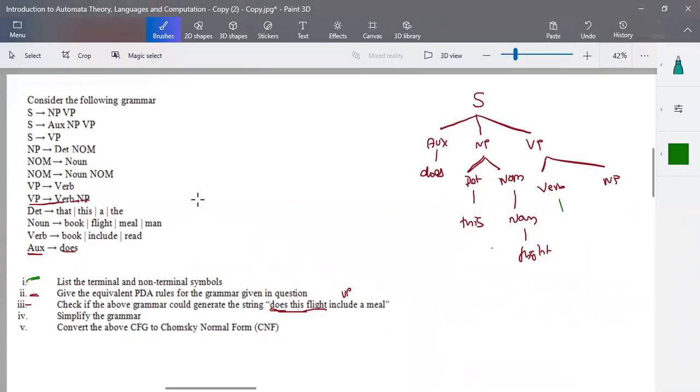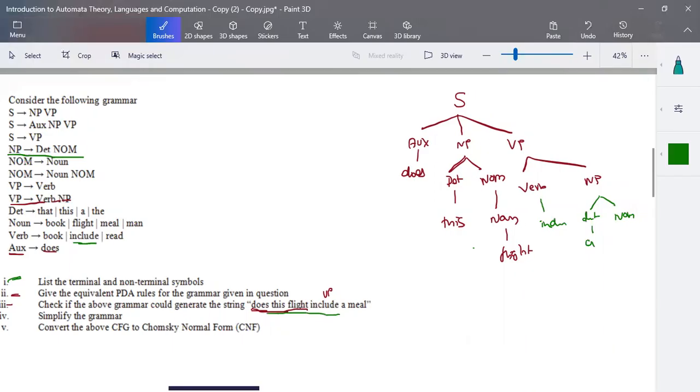For this Verb, we can give 'include', and so 'does this flight include' is derived. I just want 'a meal'. A is in Det and meal is in Noun. So I can expand this NP as Det and Norm, and this Det can be given as 'a', and the Norm can be expanded as Noun.